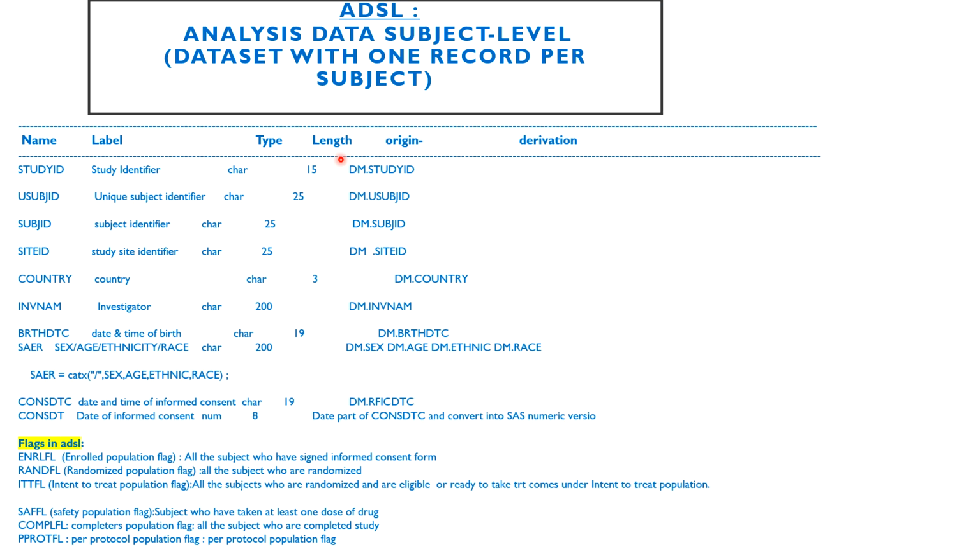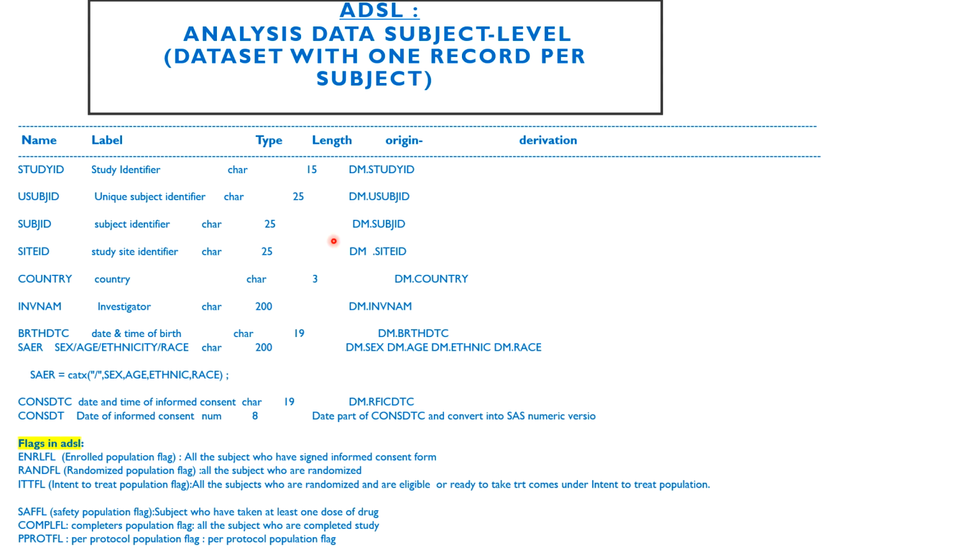So in ADaM, the first dataset is ADSL. In ADSL, we can see many variables, created as per the ADaM Implementation Guide. Some of the variables we can see here are study ID, unique subject ID, subject ID, and site ID.